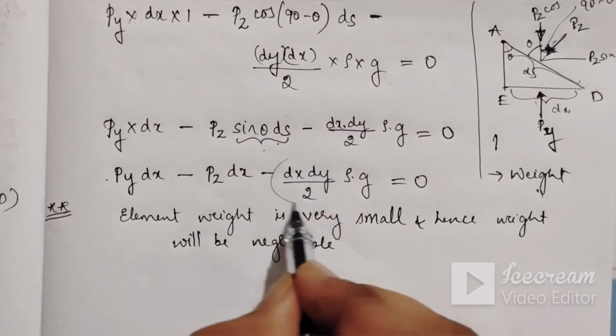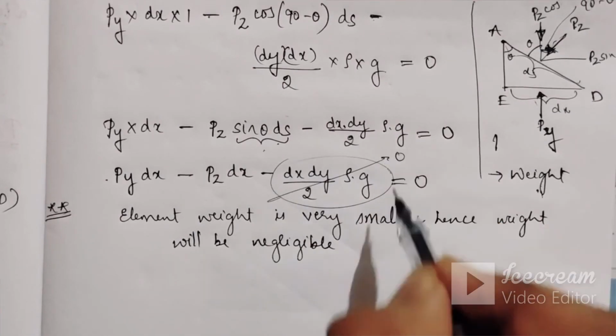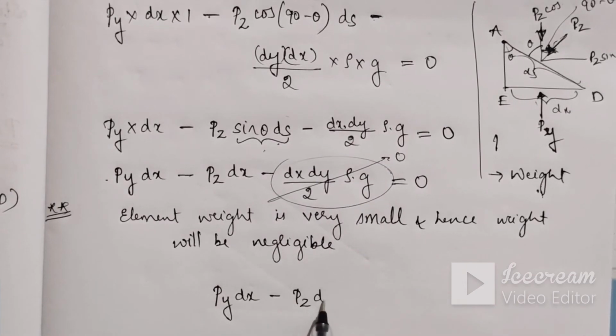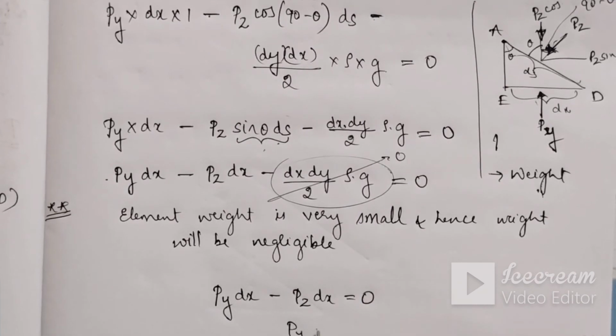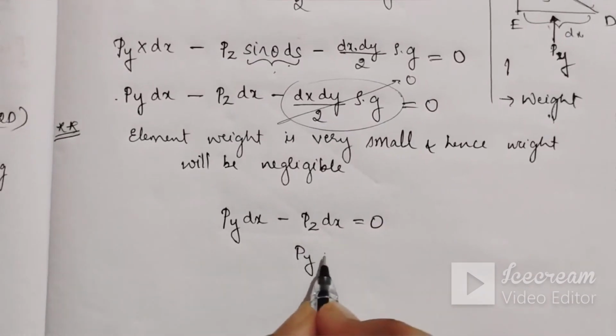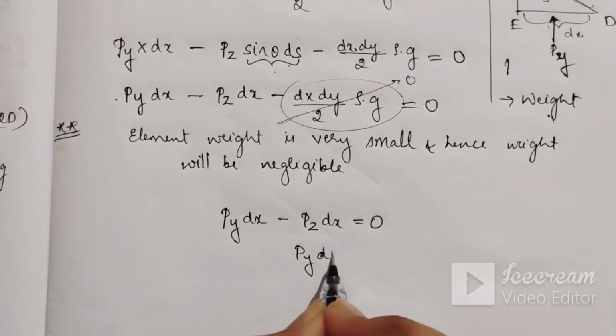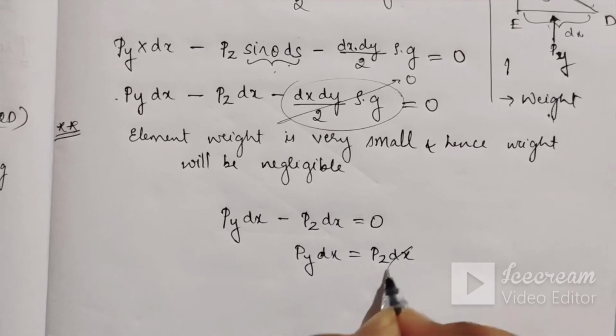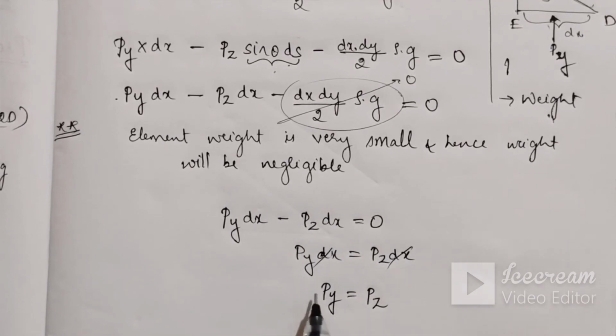So hence I'll make this term 0. So py into dx minus pz into dx is equal to 0. So py dx is equal to pz into dx. So dx cancels. This gives py is equal to pz.